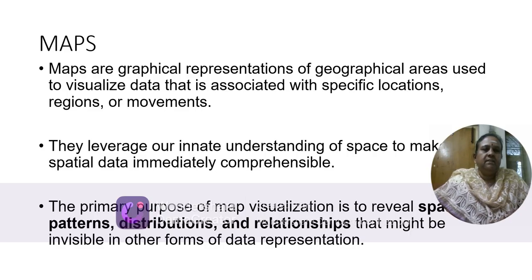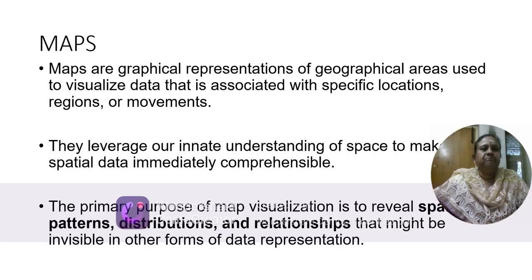That is, they leverage our innate understanding of space to make spatial data immediately comprehensible. So when a state is represented in the form of a map, it is very easy to understand which part of the state is rainy or sunny.